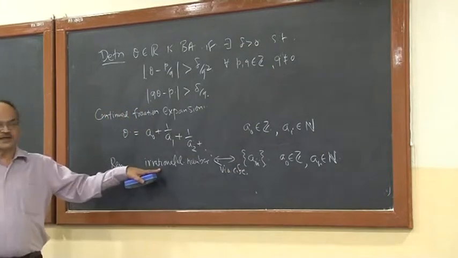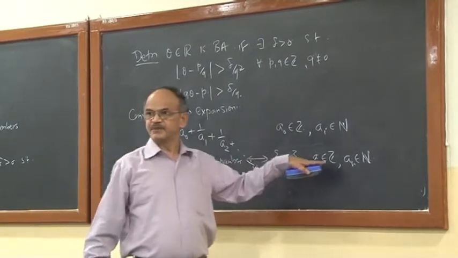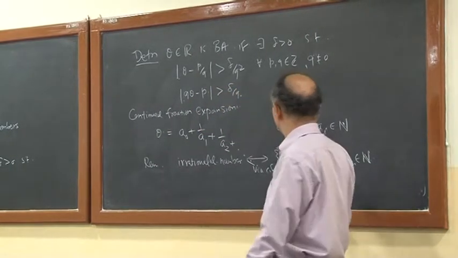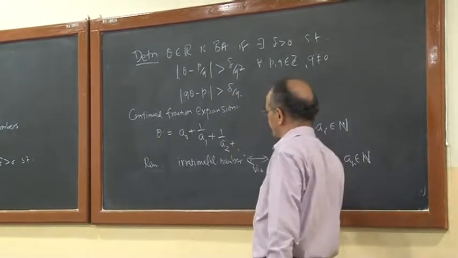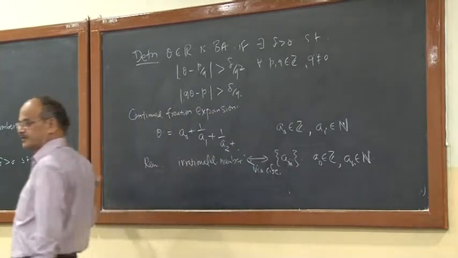For every irrational number, you have such an infinite expansion, and conversely, if you are given such a sequence, there is always an irrational number to which it corresponds.